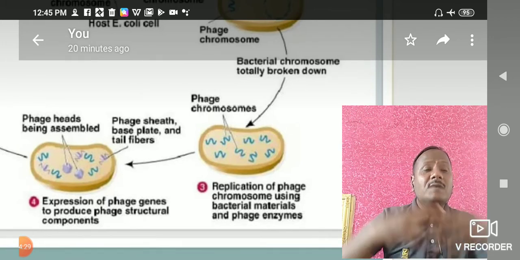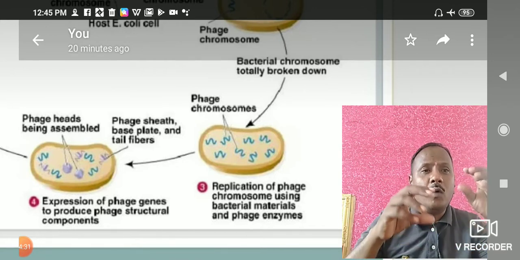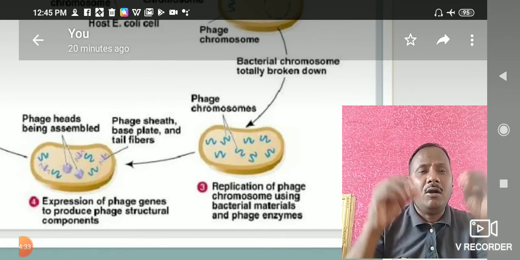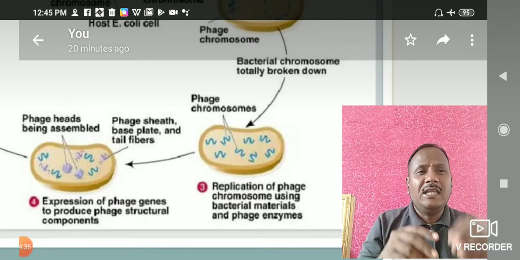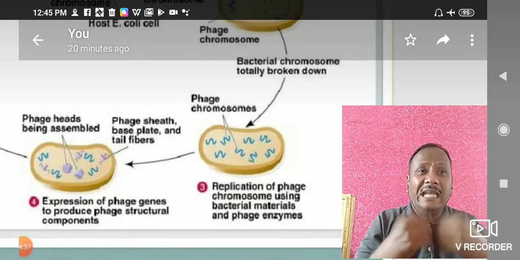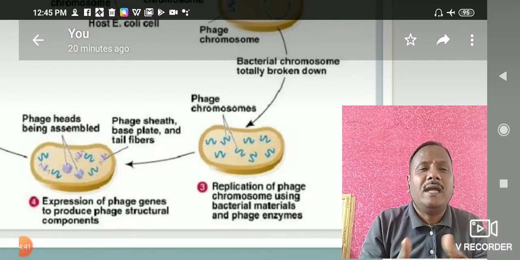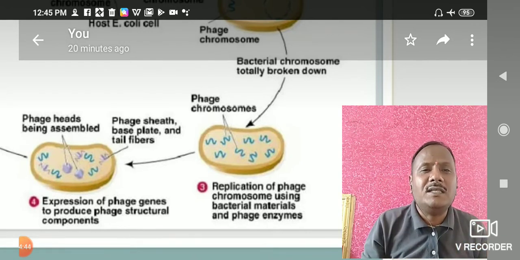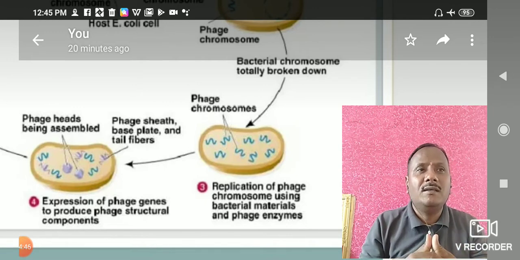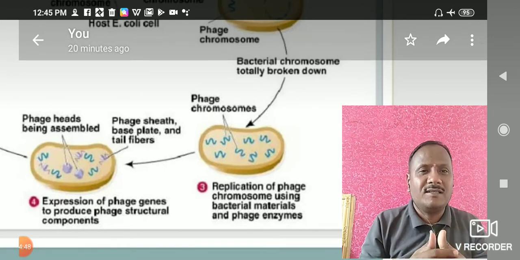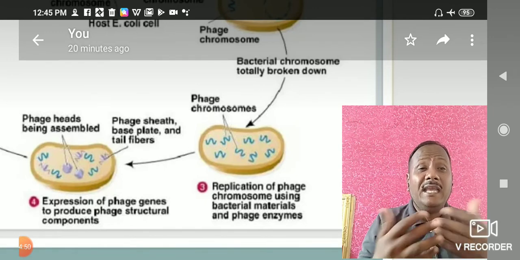Why do they become phage chromosomes? Because of the activity of DNA of bacteriophage entered into the bacterial cell, there is the replication of phage chromosomes using bacterial materials and phage enzymes.